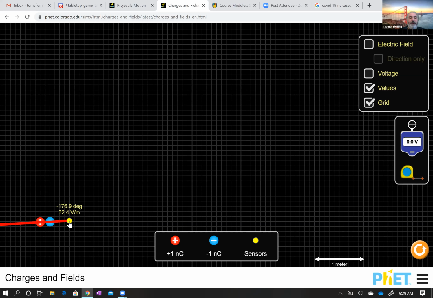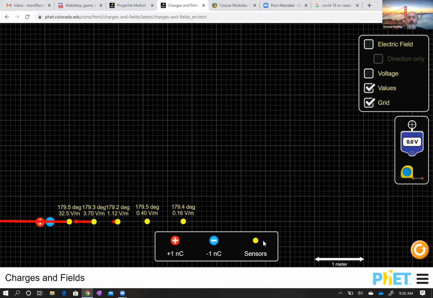Well, I could put in a bunch of sensors. So there's one sensor. I'm going to start with some of the sensors pretty doggone close, and I'm going to keep going until I get pretty doggone far away.